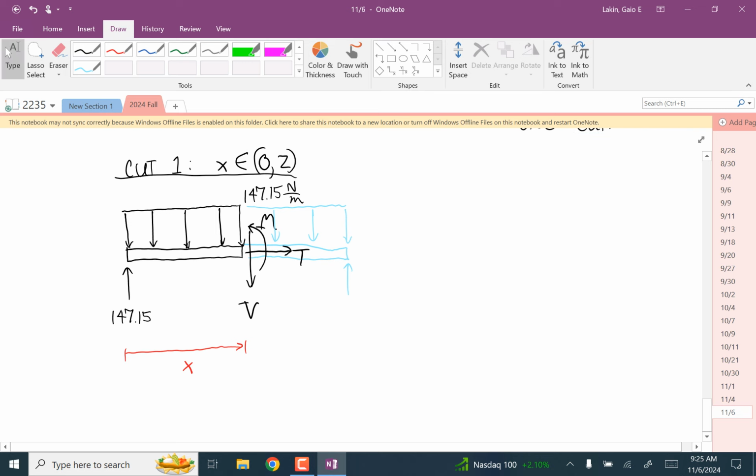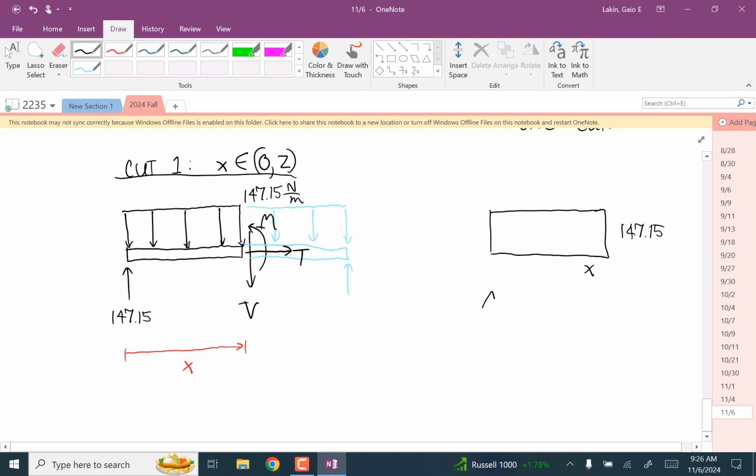Okay, so now that we've chosen the body to isolate, we want to represent that distributed load as a point force. Okay, so let's think about the shape. This is a pretty simple shape. The height is 147.15. The width is x.